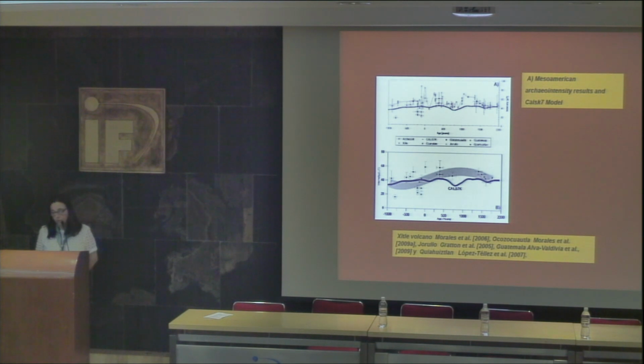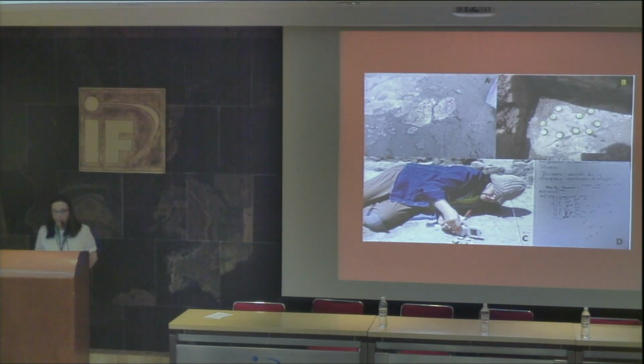This is a curve for the intensity, and we also employ volcanic rocks for recent times. For example, we are on the lava of the Xitle volcano, which is only 2,000 years old, very young in geological terms. That is the way we take the samples.